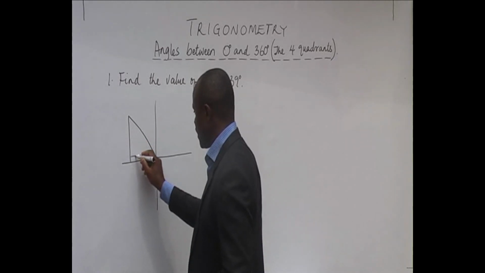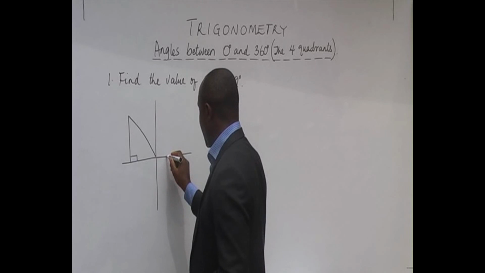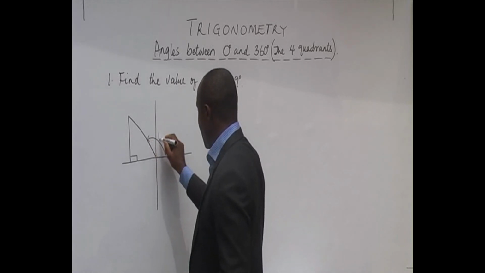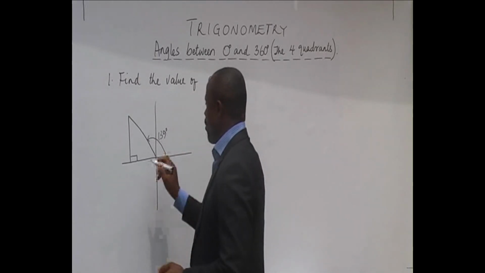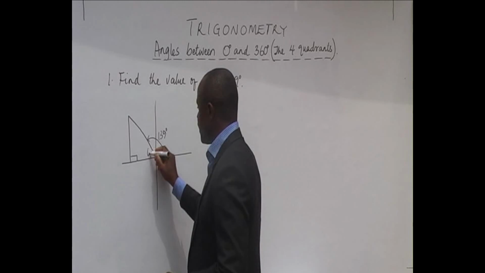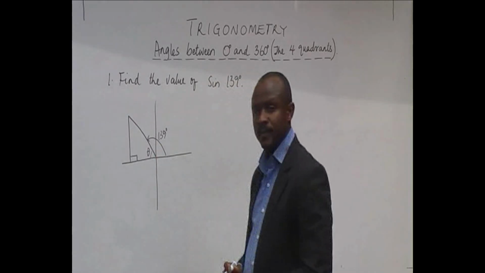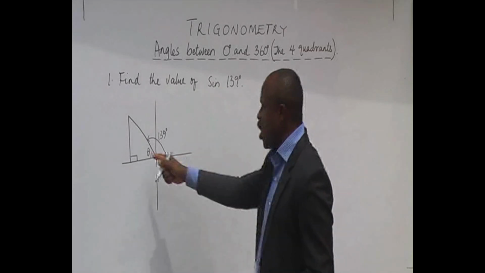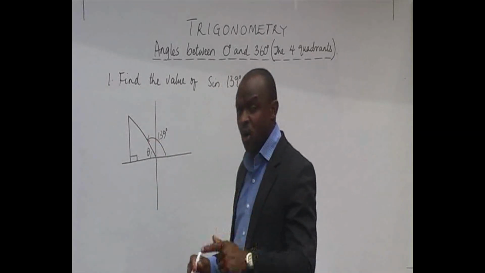That means the angle 139 is here. The equivalent angle you are looking for now is this theta. First of all, ask yourself, sine in the second quadrant, is it positive or negative?